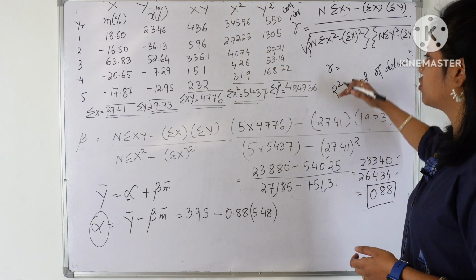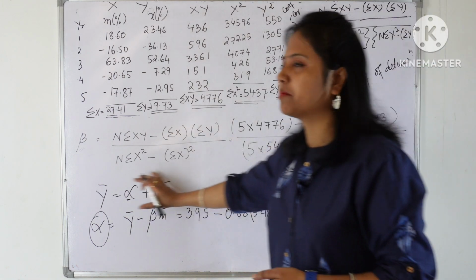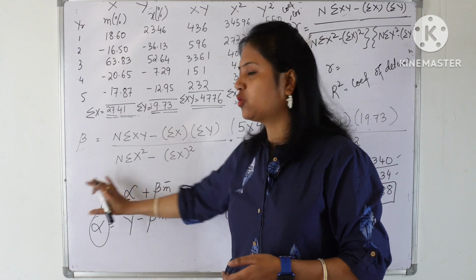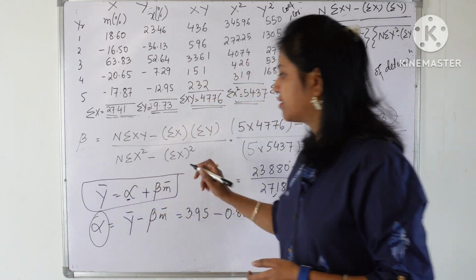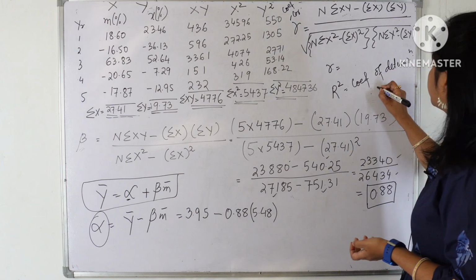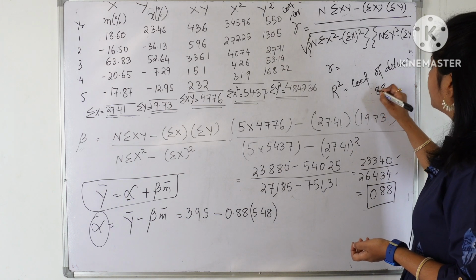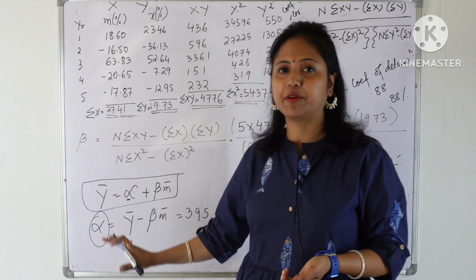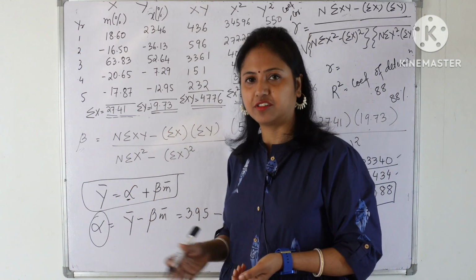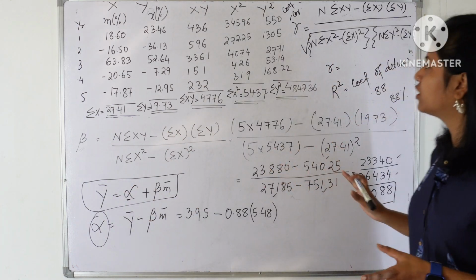So if r square is very high, this model is able to capture the relation shown in this equation to the extent of that percentage. Suppose it comes to 0.88, that means 88%. That means this model explains 88% of the variability of the returns. So this is the concept.